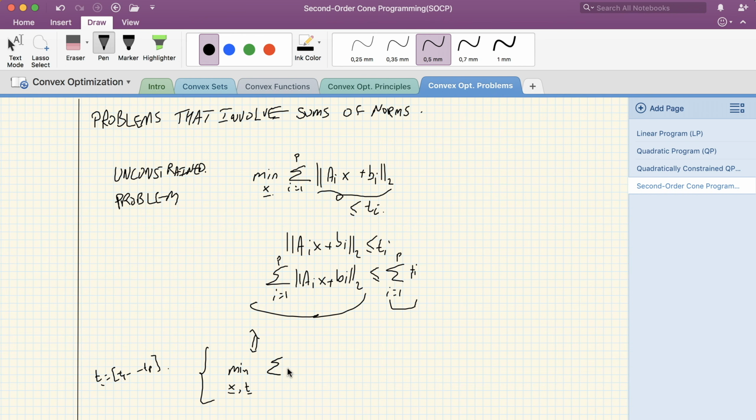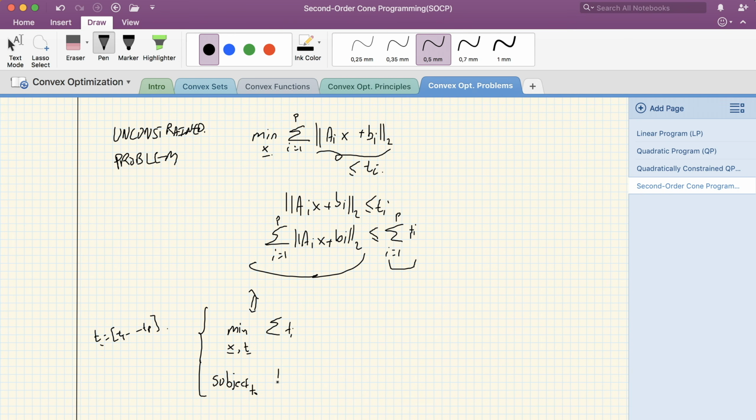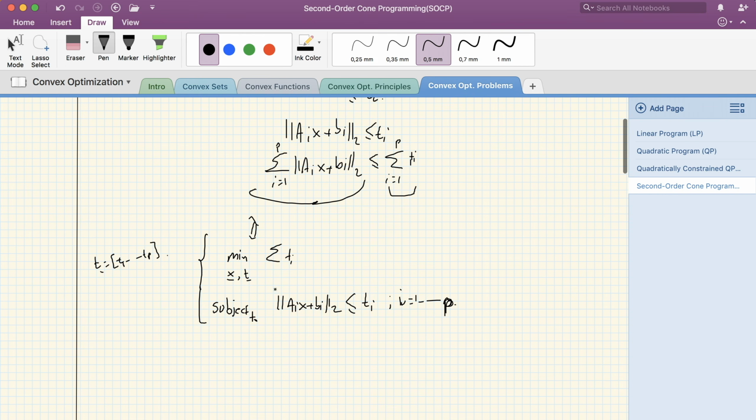We're going to minimize the sum of t_i's subject to each constraint of the form the norm of A_i x plus b_i being bounded by t_i, and there are p such constraints. Let's stack both in one vector, call it x tilde as such. So we're going to have a minimization in x.